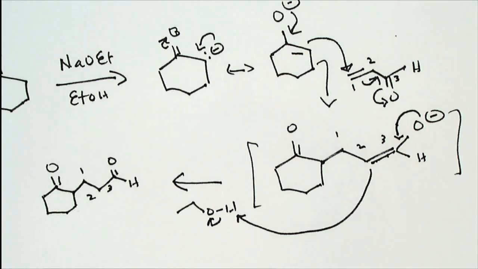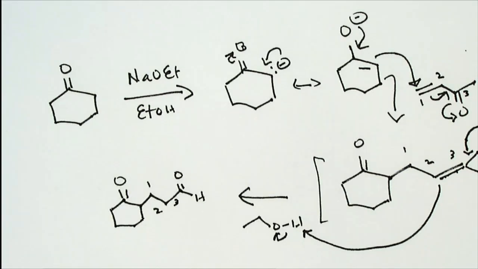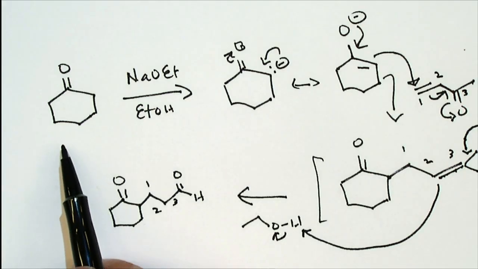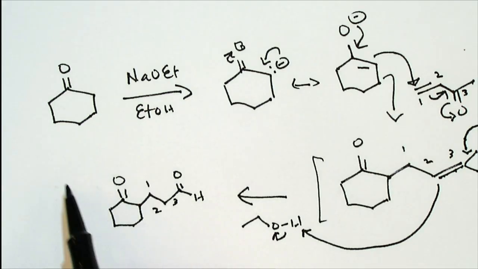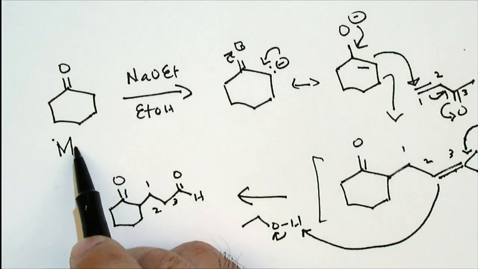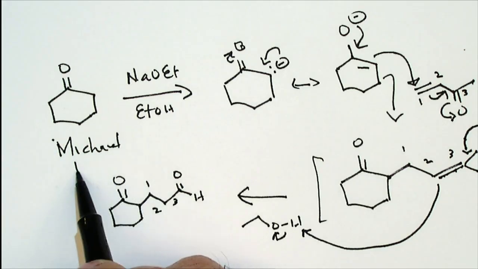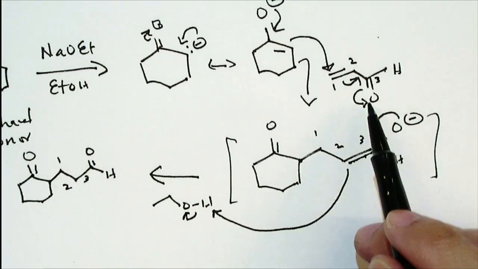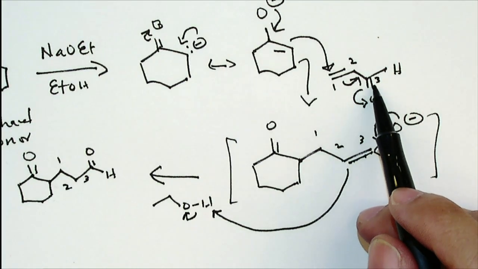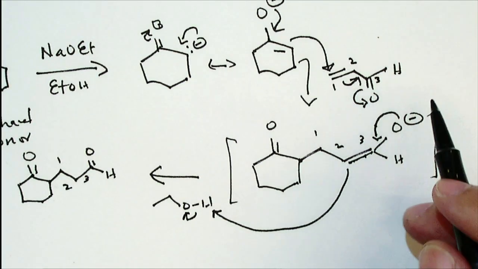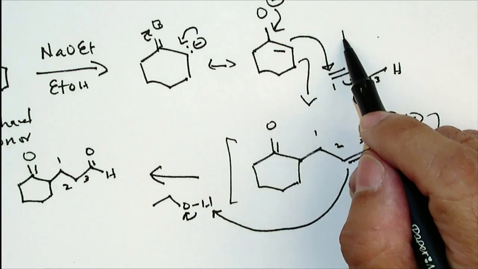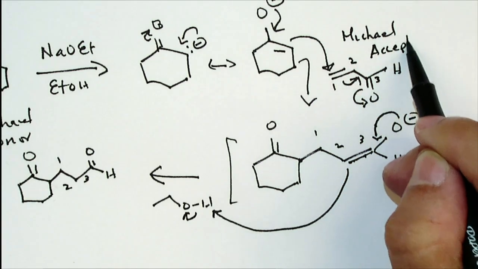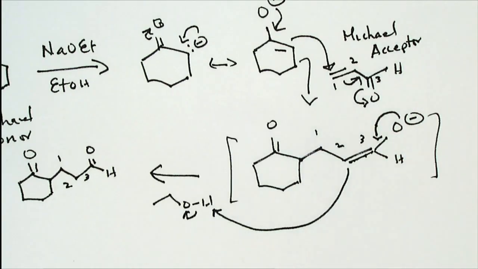Now, in a Michael reaction, the species that is deprotonated and attacks is what is called a Michael donor, and the molecule that is attacked, which is your alpha beta unsaturated molecule, is what is called a Michael acceptor. So those are two terms you should be familiar with or remember.